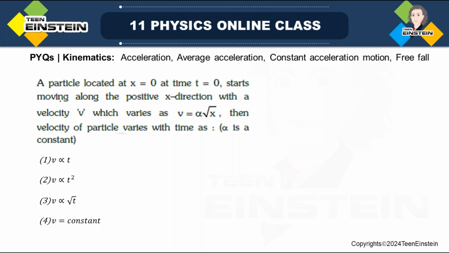Now this question is again an interesting question. The question says a particle located at x equal to 0 at time t equal to 0 starts moving along the positive x direction with a velocity v which varies as v is equal to alpha square root of x.